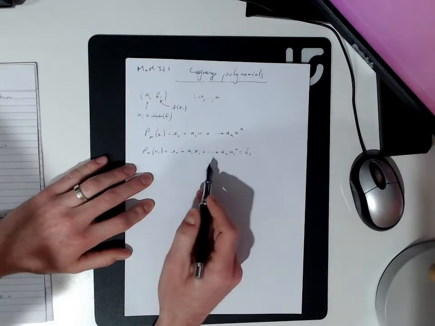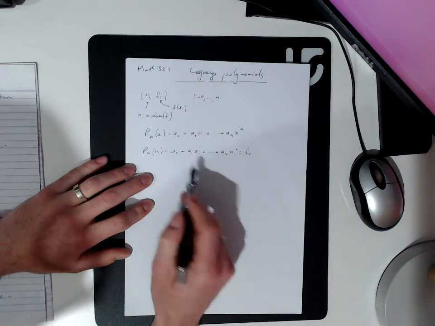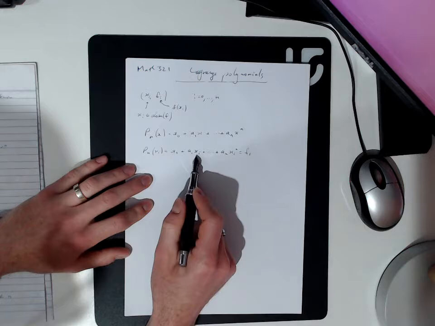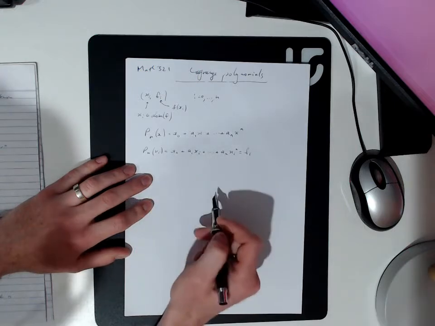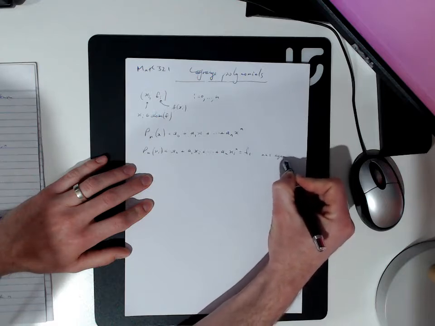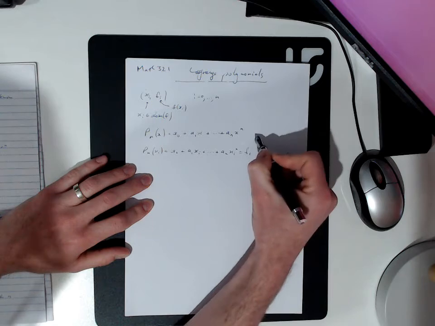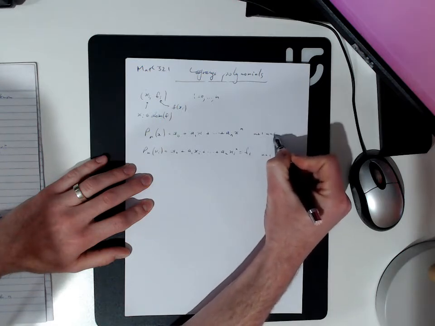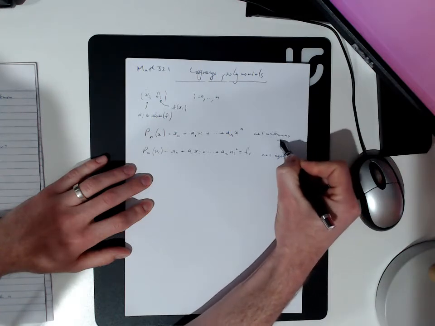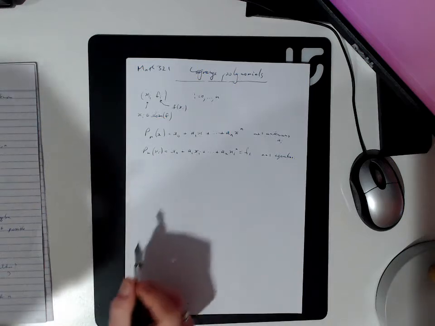We can consider this to be a linear equation in the a_i's. So we need to find the a_i's in order to work out what our polynomial is, and we have some x_i's, which we know when we plug into the polynomial give us f_i. And we have n plus 1 equations. It's a good thing then that we have n plus 1 unknowns, the unknowns being the a_i's. So you could solve this system of equations to work out the a_i's.